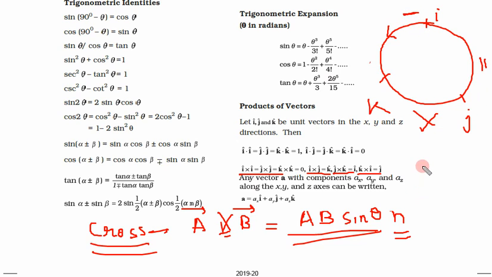Similarly, j cross i is equal to minus k. So if we reverse the order of ij, jk, ki, that means ji is equal to minus k, kj is equal to minus i, ik is equal to minus j. So if we reverse, the order will give us a negative vector. Okay, so this is the way we do these things.